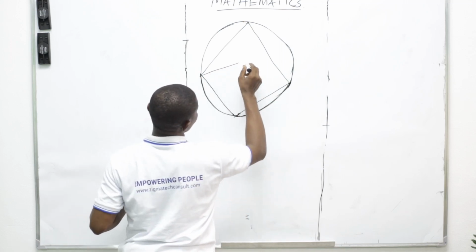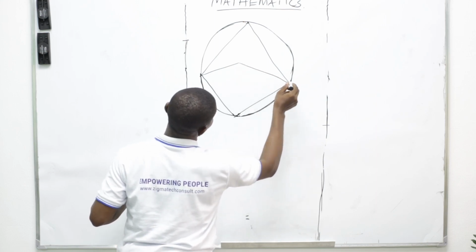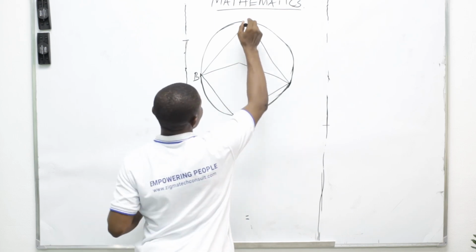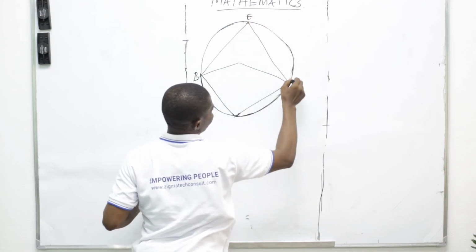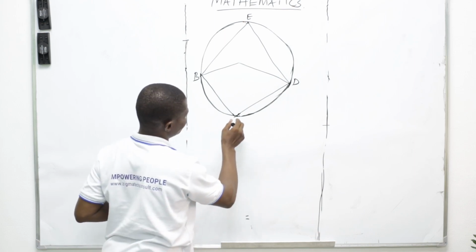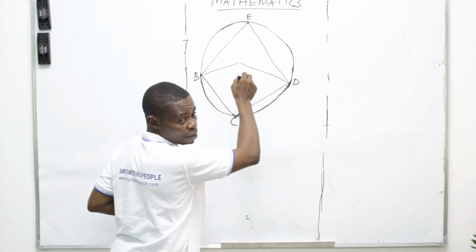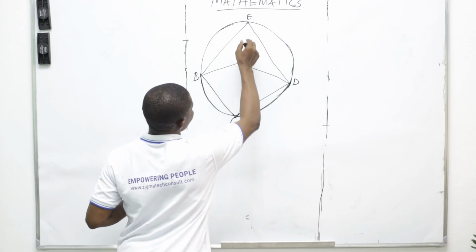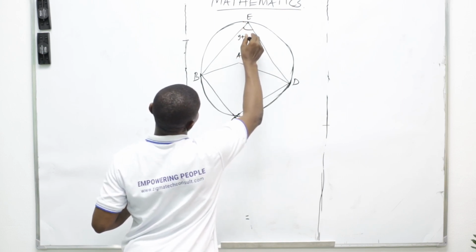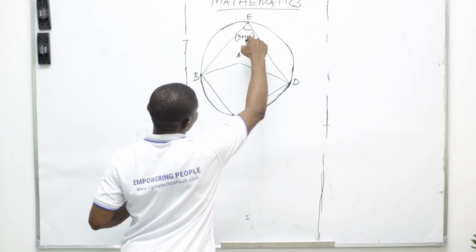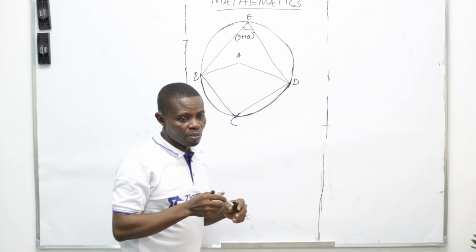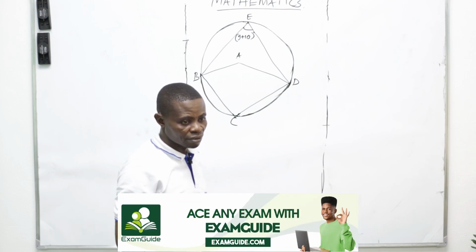Here is like this, then this way. This is B, E, D, then C. I have A here. Here is 2y plus 10 degree.